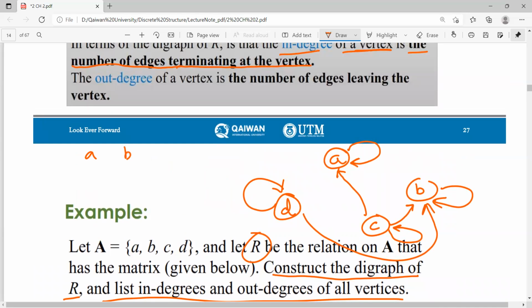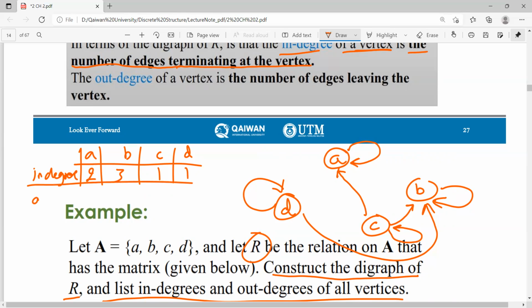Here we have A, B, C, and D. For the in degree of A, how many arrows come to A? 2. For B, 3. For C, only 1. For D, 1.